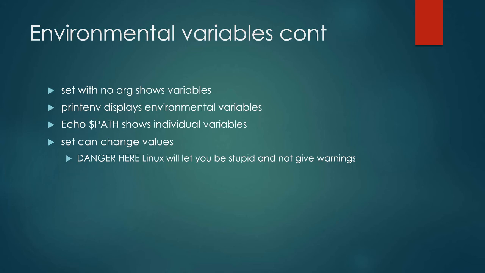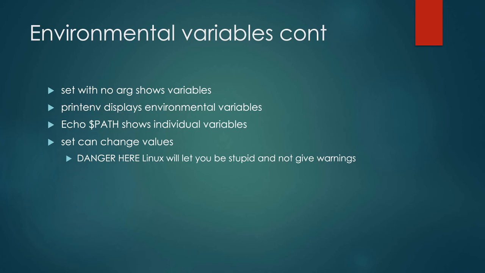We're going to talk more about variables when we get into shell scripting. Then you can actually see the contents of your PATH variable. Now, I have a danger here. If you use set and you pass it an argument, that will actually change values. So if you did something like set PATH, you can actually reset your path.